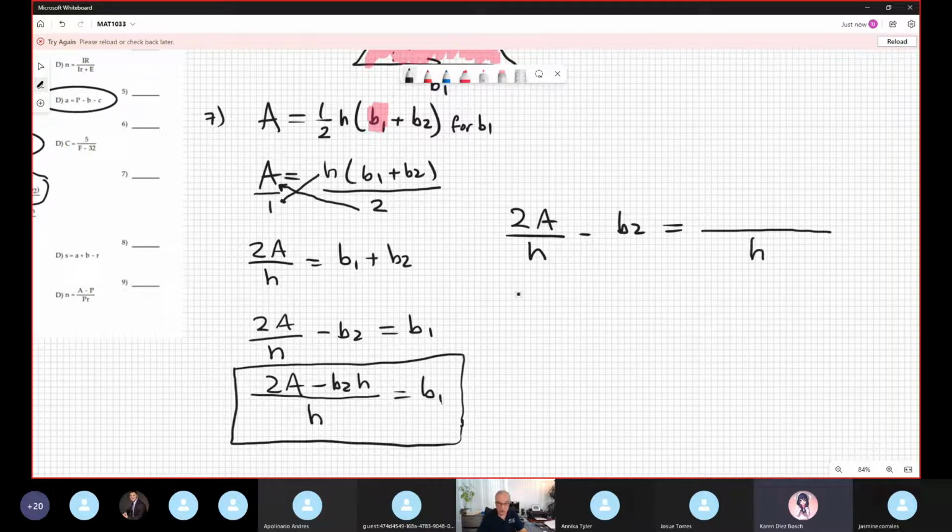You know that the denominator for the first fraction is h, and the denominator for the second is no denominator, which is equivalent to saying it's 1. And the least common denominator is h. Yes or no? You follow me? Yes. h divided by h is obviously 1, and 1 times 2A is 2A.